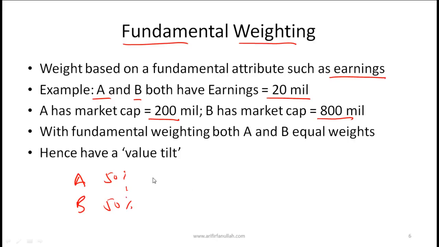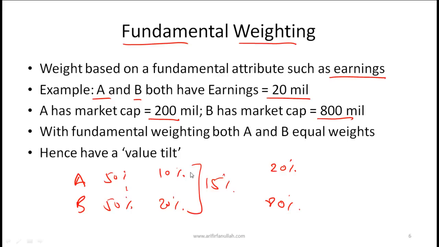So what this is saying is, if A goes up by 10% and B goes up by 20%, then our index will go up by 15%. On the other hand, had this been a market capitalization based index, then A would have a weightage of 20%, B would have a weightage of 80%.